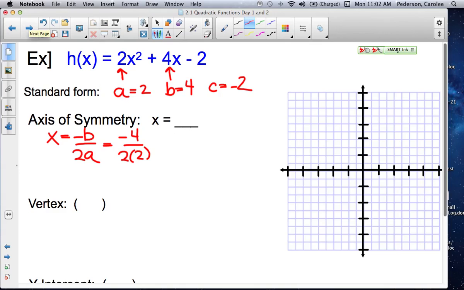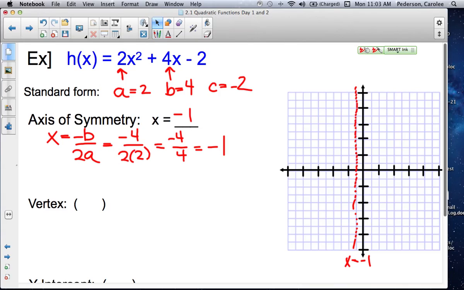Now let's just reduce that. Negative 4 over 4 is negative 1. So the axis of symmetry is x equals negative 1. If I come over here and graph it on my graph, which you don't have to do quite yet, there is my axis of symmetry at x equals negative 1.